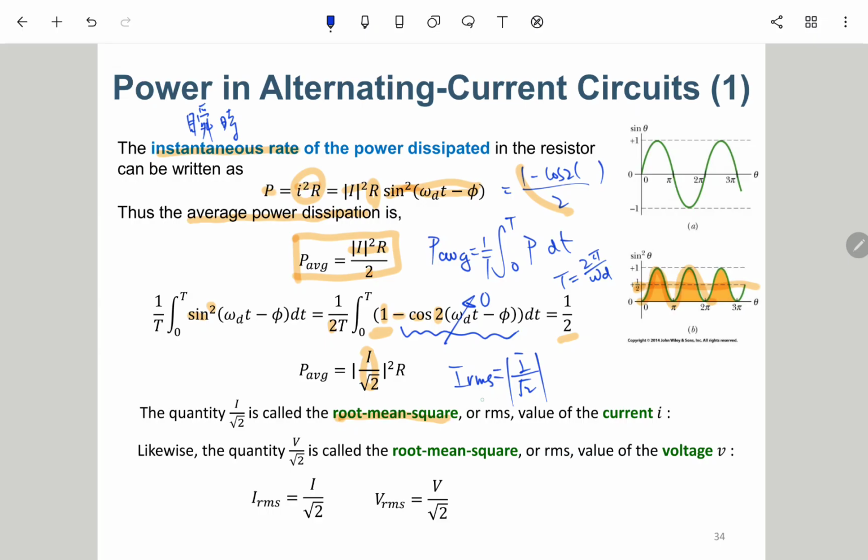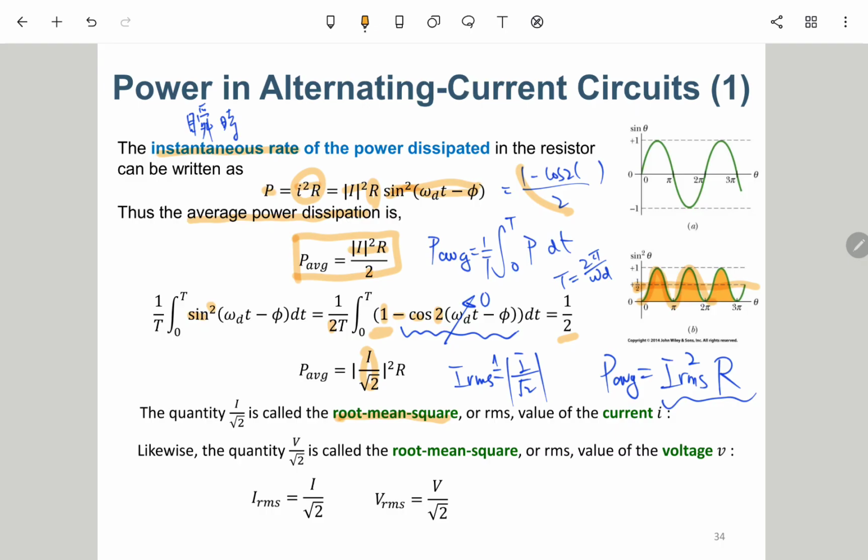So here, if we define this IRMS to be like this, then P average will be IRMS squared R. So it is of the form I squared R, but we use another I. You will use IRMS rather than the amplitude of the sine wave.